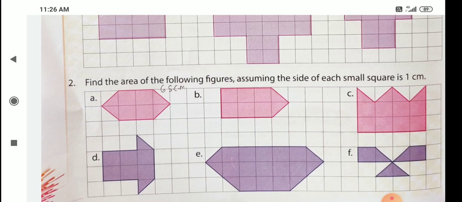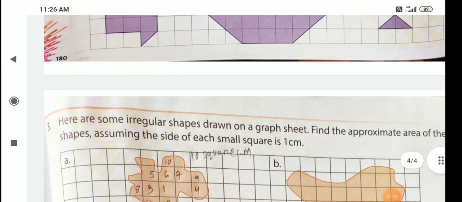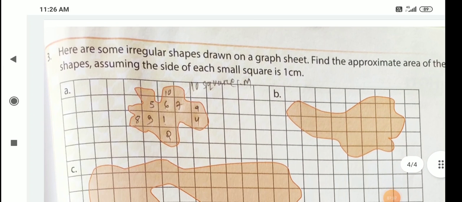Then you count. Then comes number 3. Here are some irregular shapes drawn on a graph sheet. Find the approximate area of the shape assuming the side of each small square is 1 centimeter. Here, children, some irregular shapes are there.